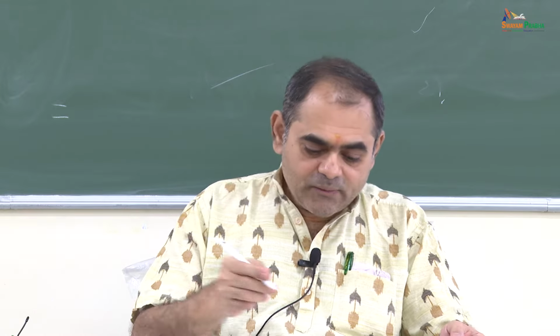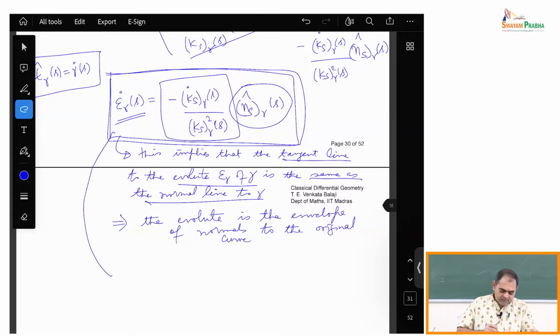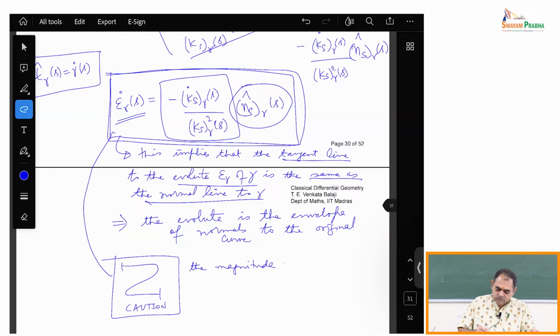So here I'll put this dangerous bend, caution, that the magnitude of epsilon sub gamma dot of s is not necessarily 1, because s is not the arc length of epsilon sub gamma of s.